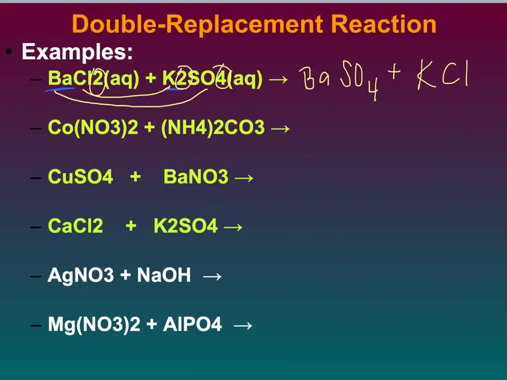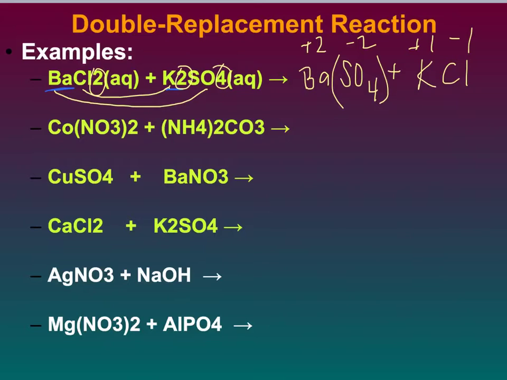What we have to do is look at charges. Barium is +2, sulfate is -2, so that's okay. Notice that I have SO4 all as one thing. Potassium is +1, chlorine is -1, so those are fine. So right there, those are my products, BaSO4 plus KCl.